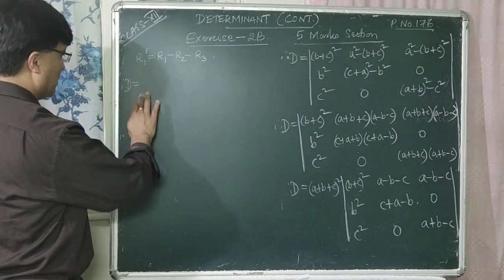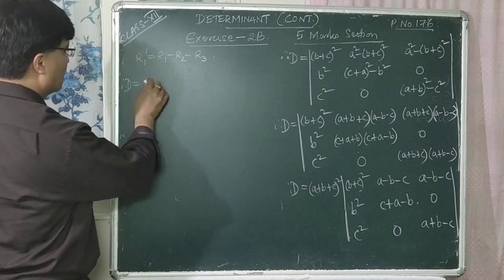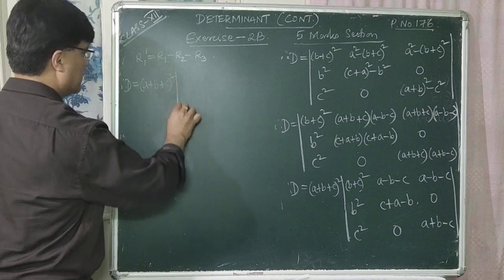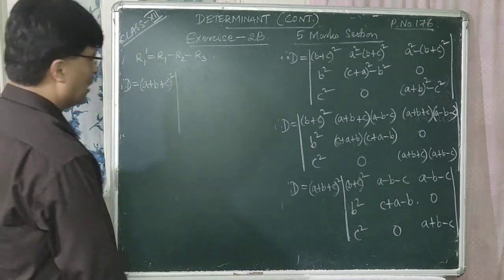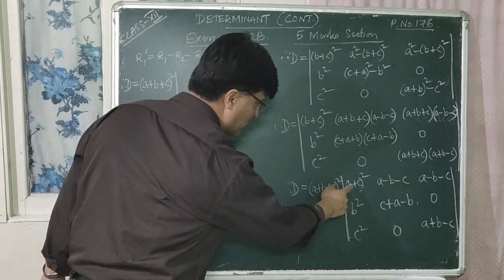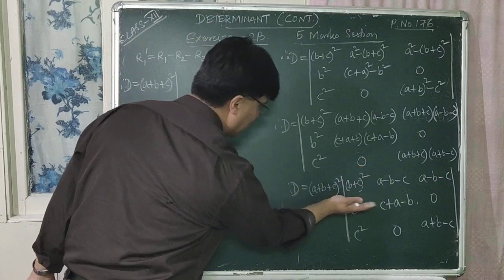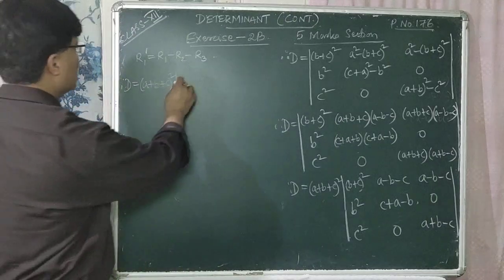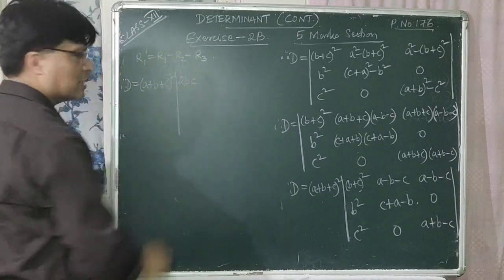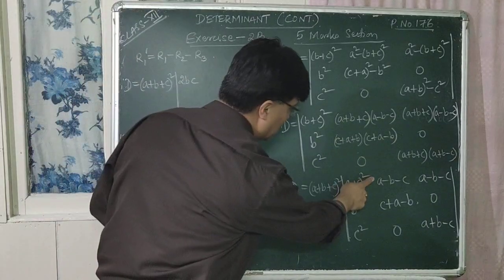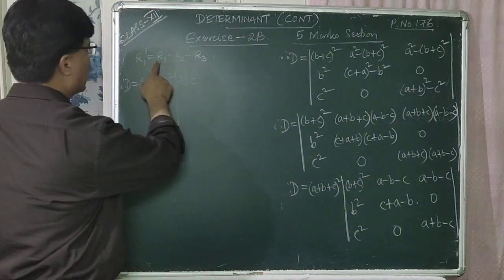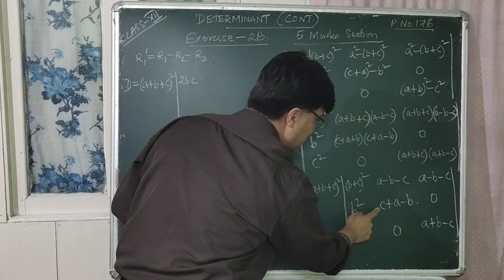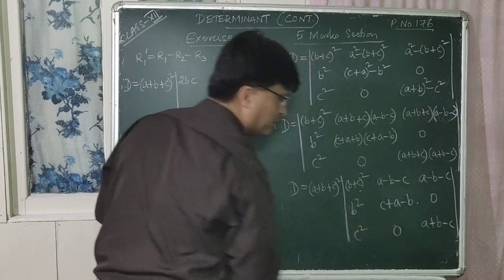You should write down that common factor, A plus B plus C whole square, right? Now what is the new first row? This is B square plus 2BC plus C square minus B square minus C square. B square and C square will cancel. You will get only 2BC. Is that right? Again, this minus this minus this. That is R1 minus R2 minus R3. That is A minus B minus C minus A plus B.